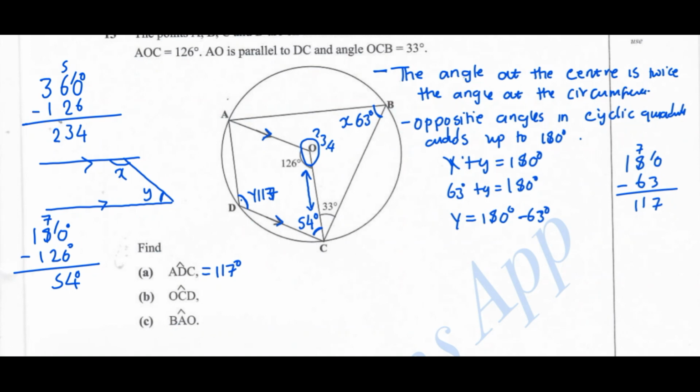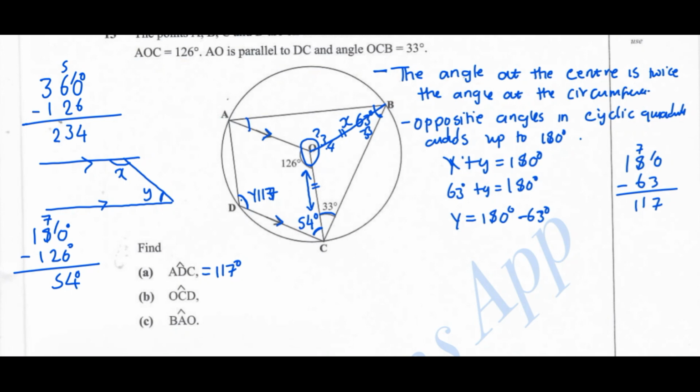Then BAO, this angle. So how can we find this angle? Let's now divide this. We know that this is the radius, also this is the radius. So if there is 33 here, also here we are going to have 33.